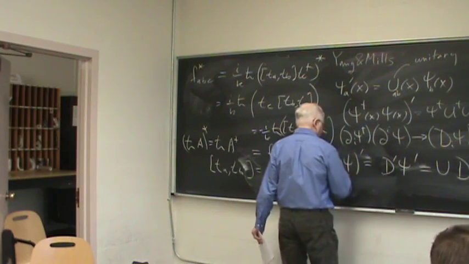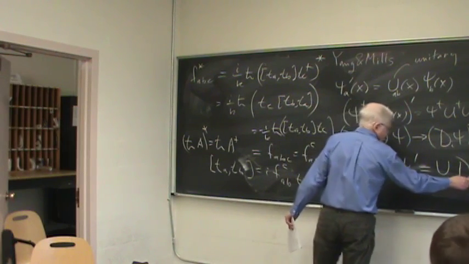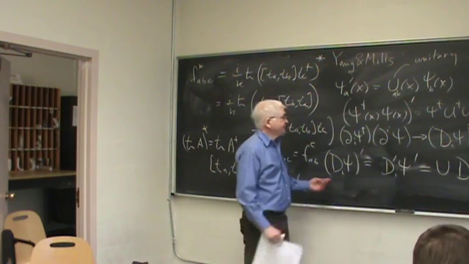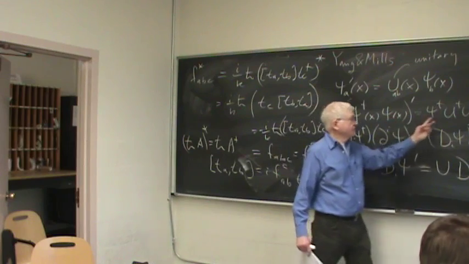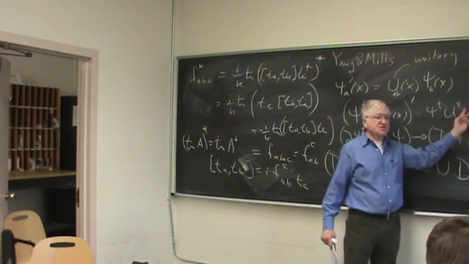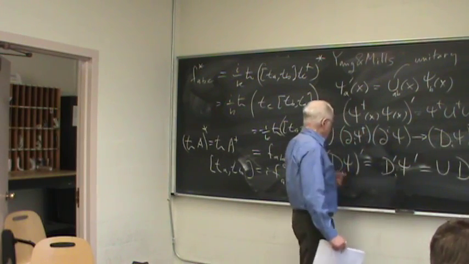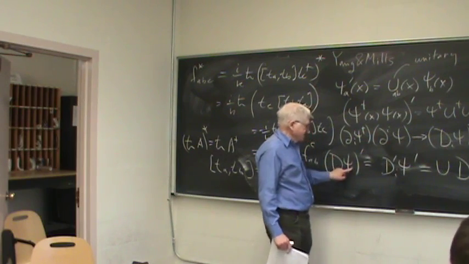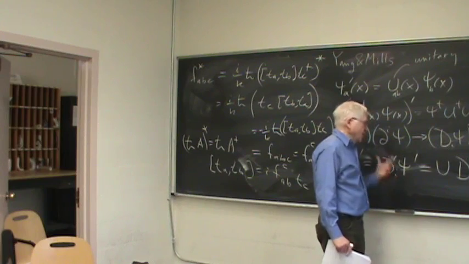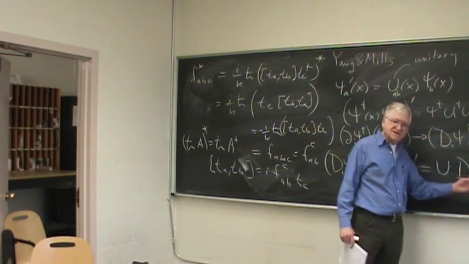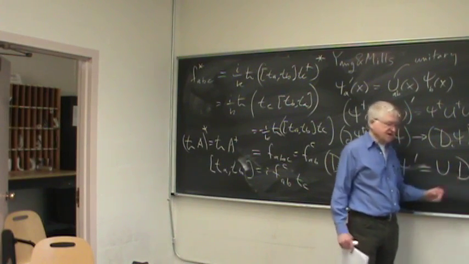I left out the space-time index of differentiation. So they said, well, D prime psi prime is going to be, in fact, U D psi. That was the key step.